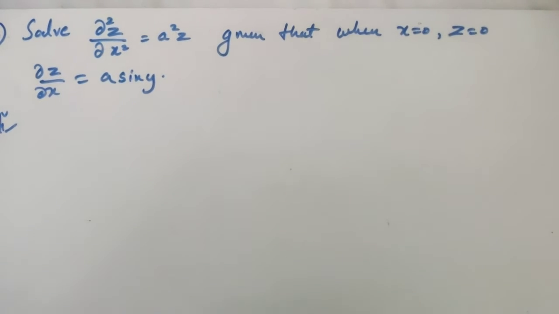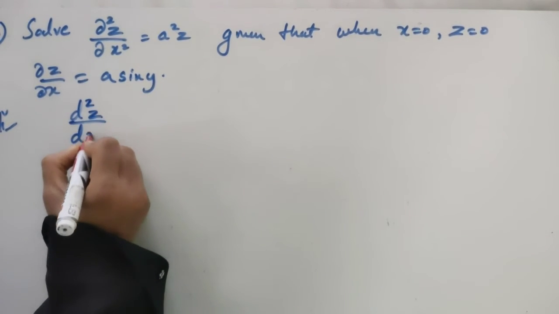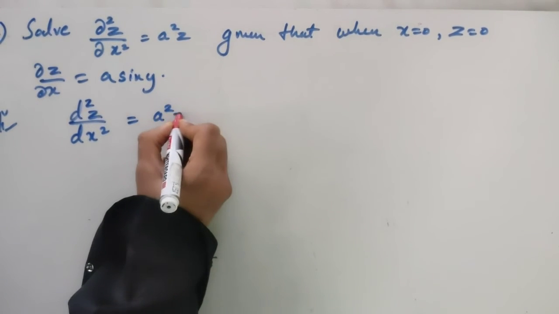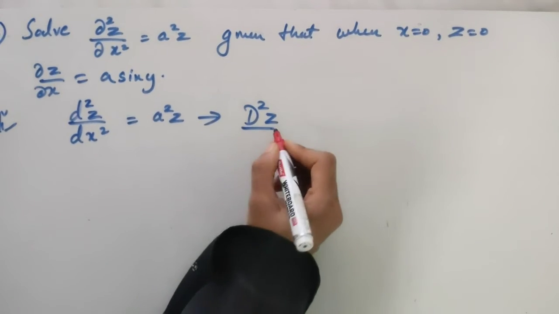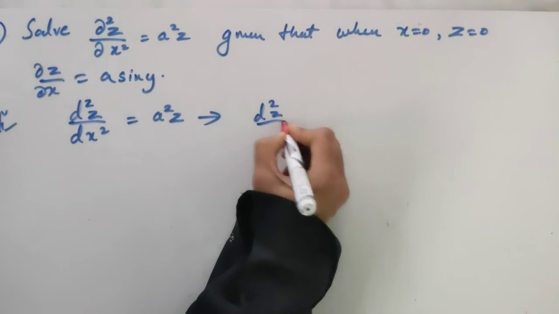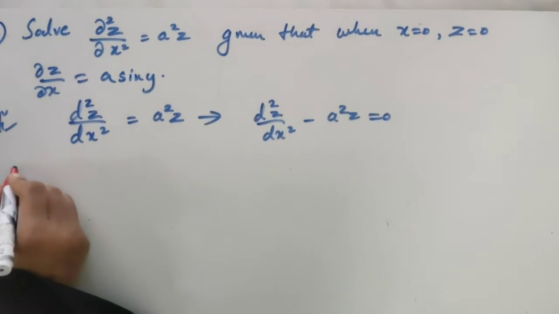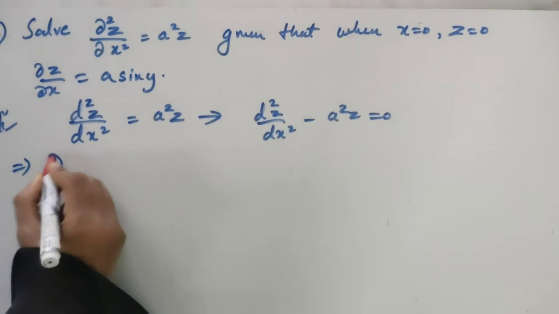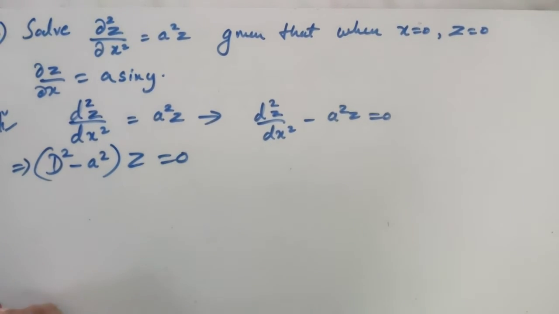Okay, once again the given equation can be treated as d square z by dx square is equal to a square z, or I can rewrite it as d square z by dx square minus a square z is equal to 0, or I can rewrite it as d square minus a square of z is equal to 0.